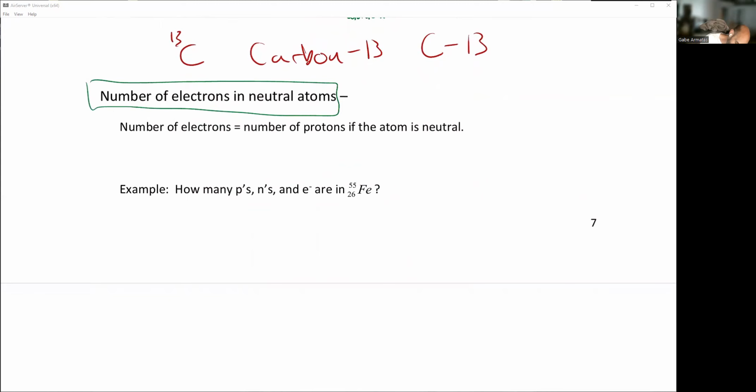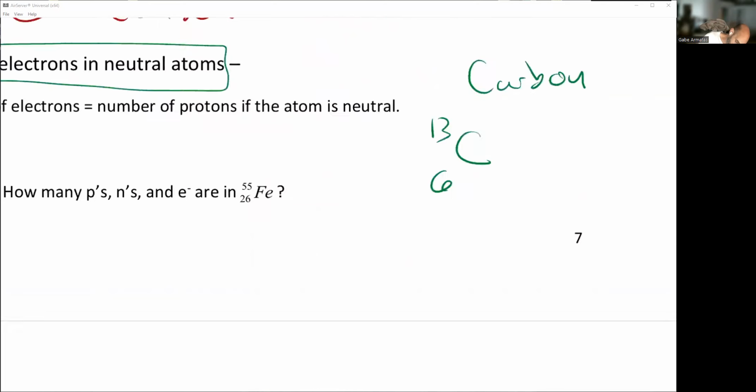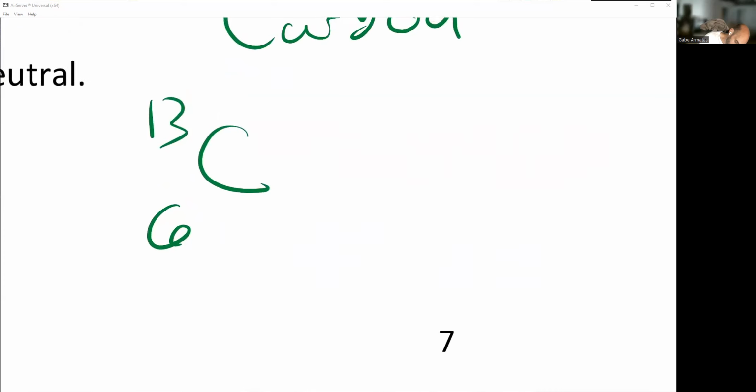So if I have carbon, we know that carbon has 6. Well, let's actually just take a look at carbon 13. So how many protons does carbon 13 have? Again, it's defined by the atomic number. So 6 protons.